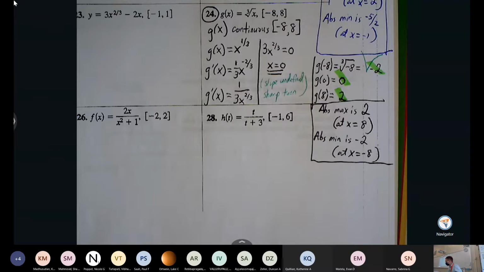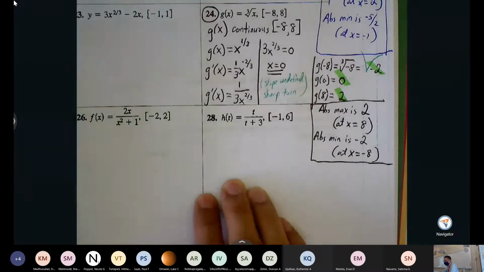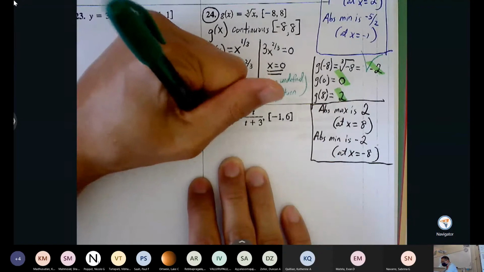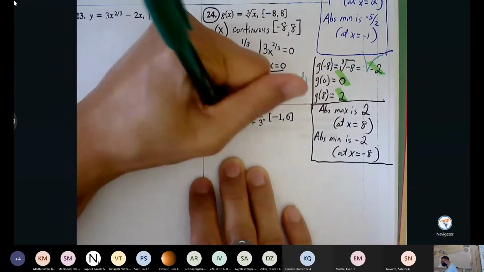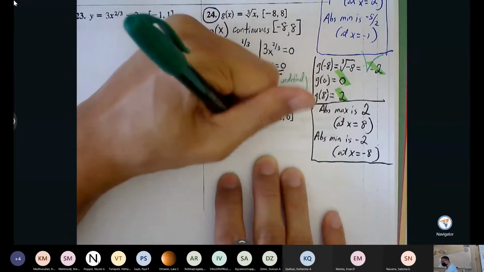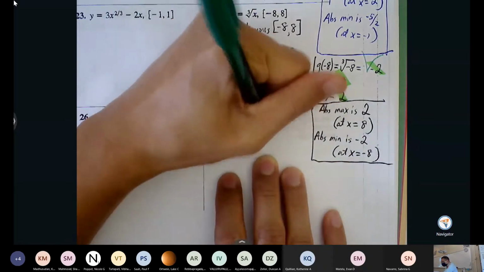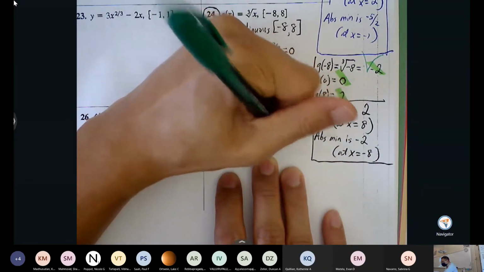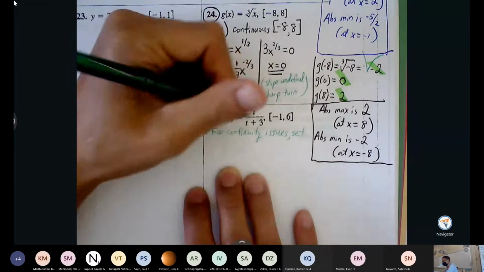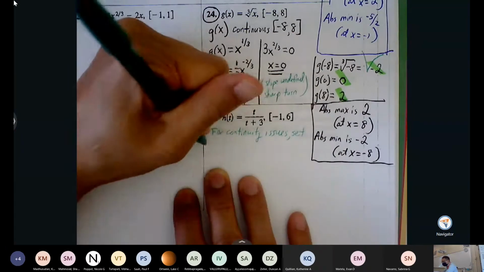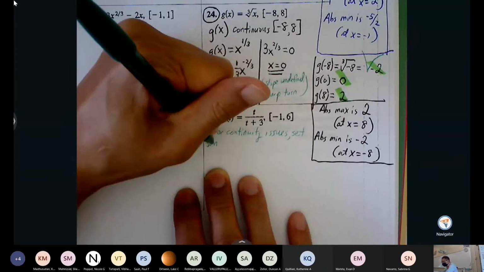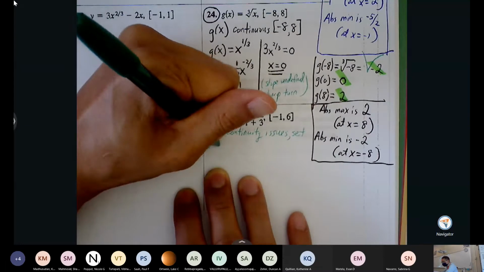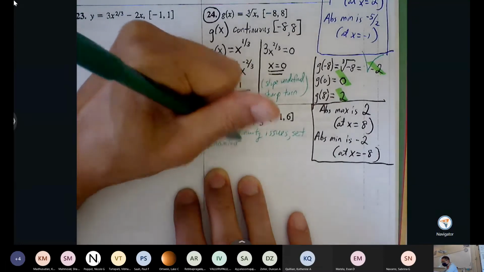Denominator of the original function, right? So for continuity issues, or to find continuity issues, set the denominator equal to 0.